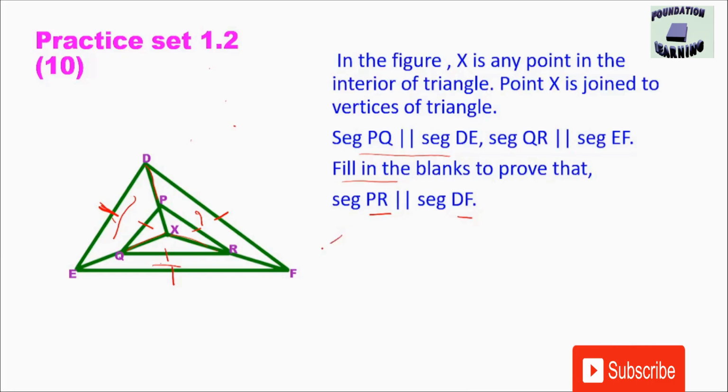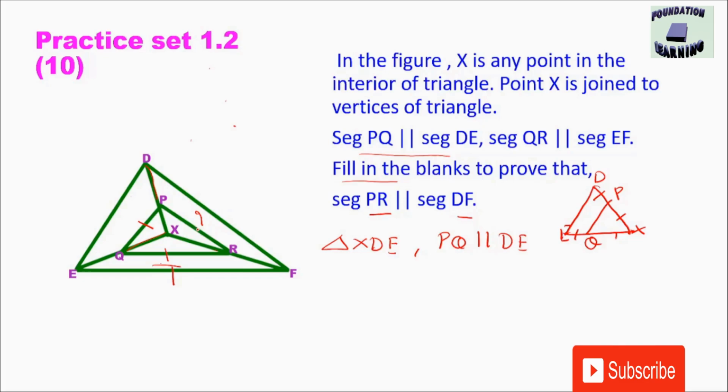Now in triangle XDE, first part. What is given? PQ is parallel to DE. So we will take XDE. X is here, DE, and here you have PQ. P and Q here. So when lines are parallel, which sides are in proportion? These sides will be in proportion.